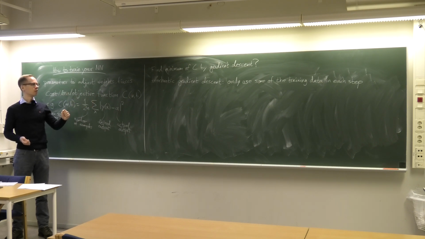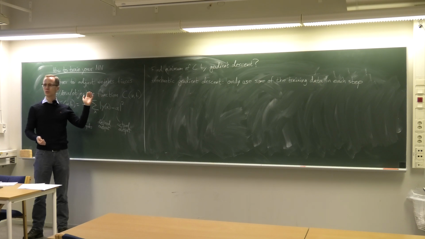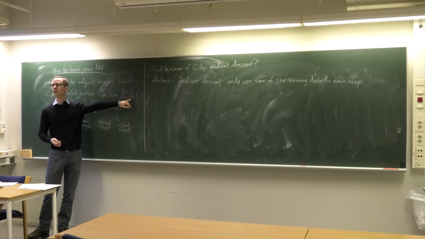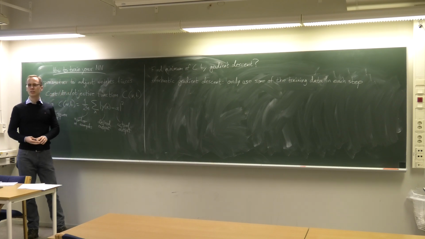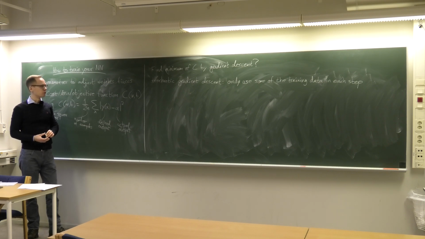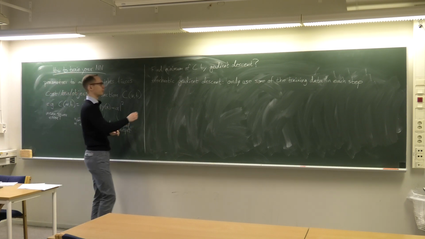Then you change one of the parameters slightly. You feed the same input and see what the output is, and you see what the difference in output is for that small difference in one of the parameters. And you do the same for the next parameter, and the next, and so on. But this is too cumbersome, it takes too much time. So there is a trick called backpropagation.